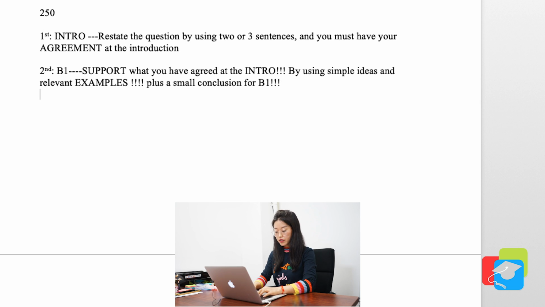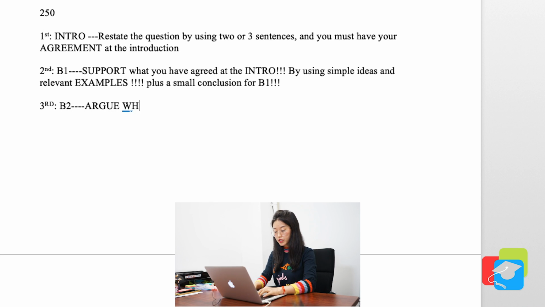Okay, and then your third paragraph is what I call B2, body 2. It's something that goes against what you agreed. So it's "argue". Because this is an argumentative essay format, here you need to start to talk about your argument.